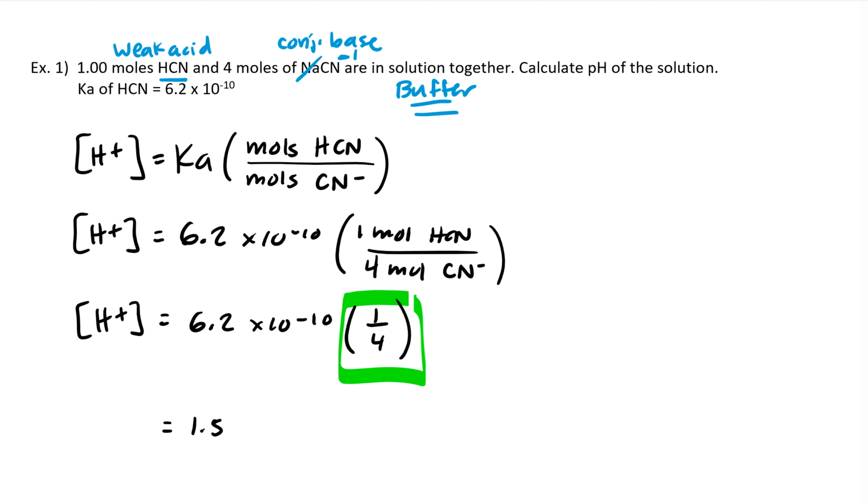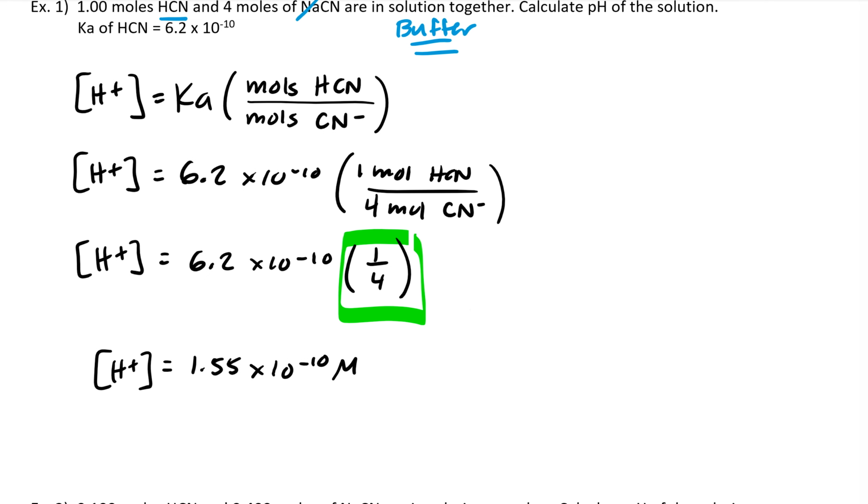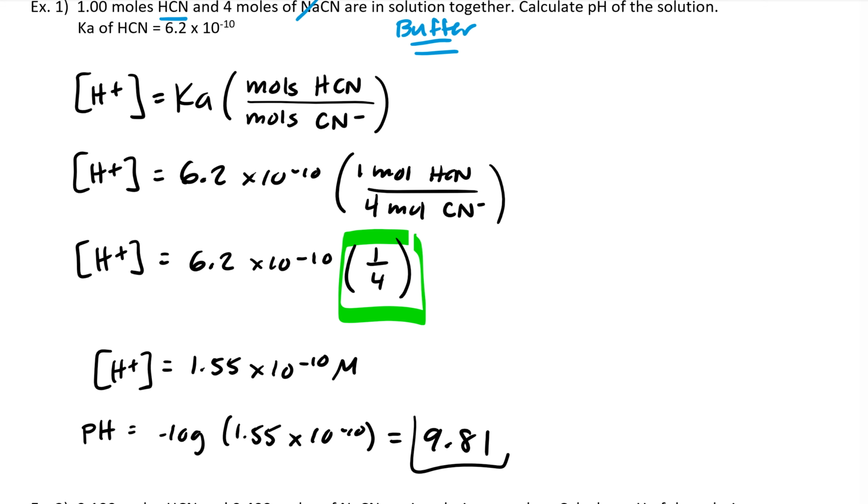It's 1.55 times 10 to the negative 10 molar. So therefore our pH is going to be the negative log of 1.55 times 10 to the negative 10, and I get 9.81.